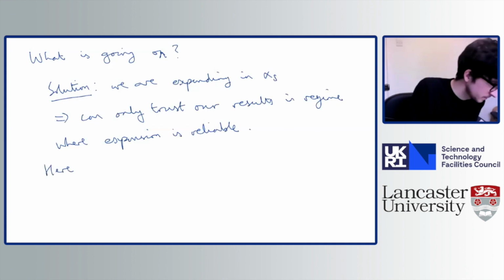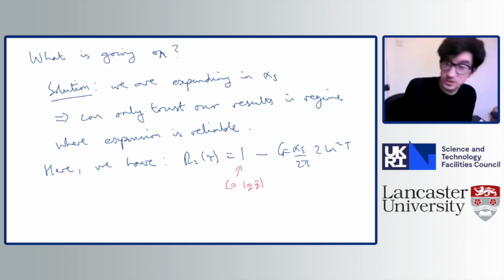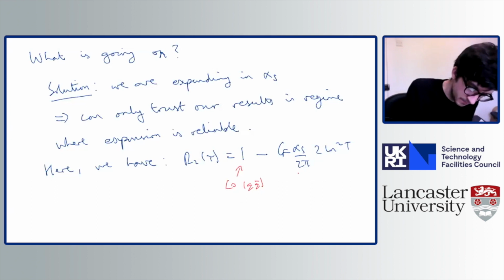Here we have R2 of tau, the 2-jet fraction, equal to 1 minus C_F alpha_s over 2 pi times 2 log squared tau. That's our leading order result: if you just had a Q Q-bar in your prediction, then it's always 2-jet-like. And then we have the NLO correction, coming from allowing a gluon to be emitted.